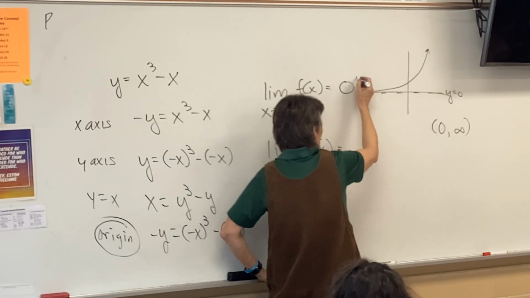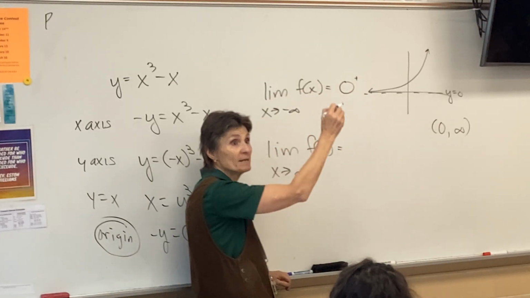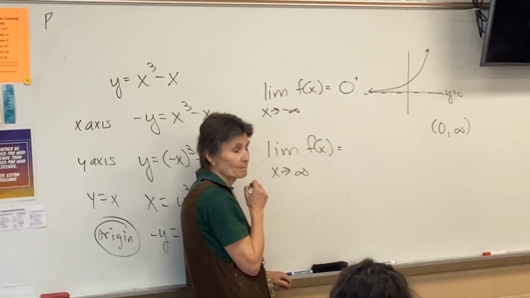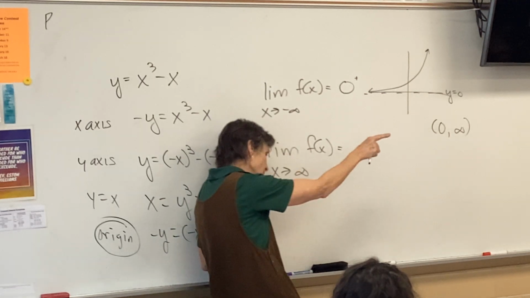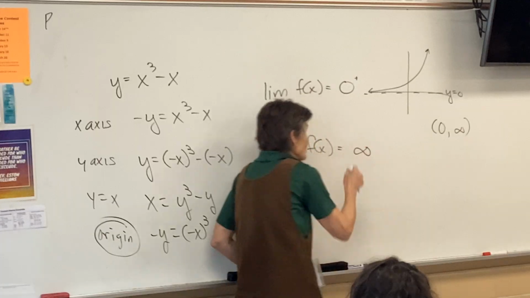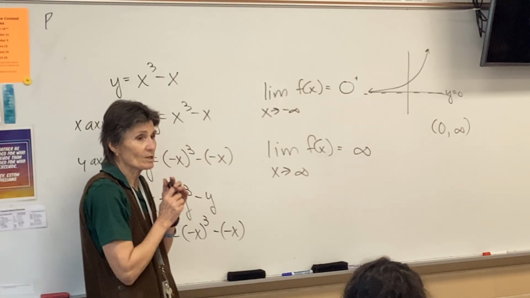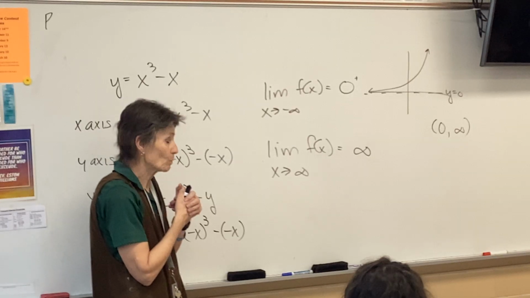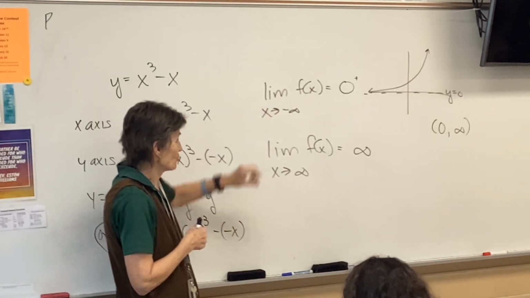I always put a little plus here because we do that in calculus class. That tells me I'm coming in from the top of it. And then what happens that way? Positive infinity. It goes bigger and bigger and bigger. So when a question refers to end behavior, this is your notation.